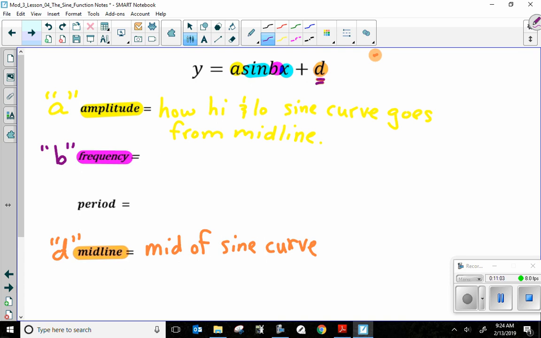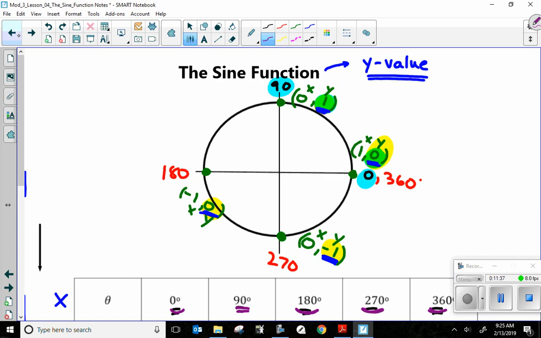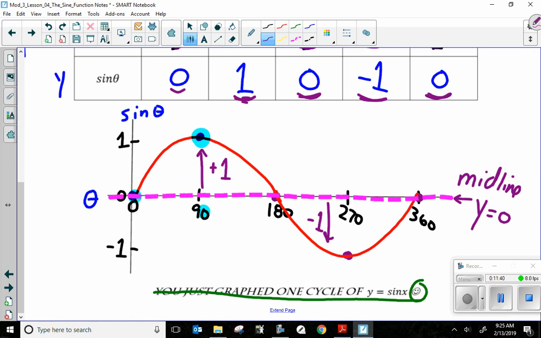So, frequency, that is the number of sine curves in 360 degrees, or if it's in radians, in 2 pi. So again, if we go back to our original graph, here's 360 degrees right here.